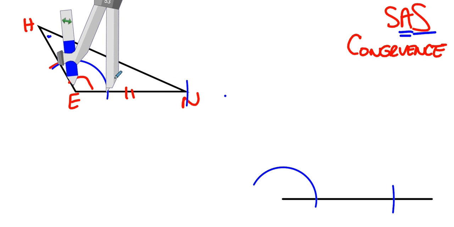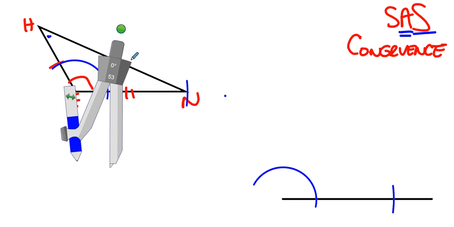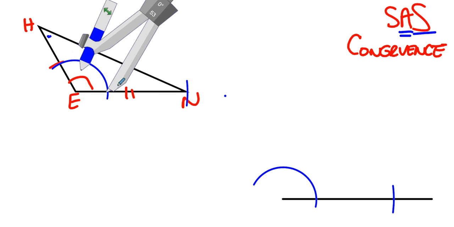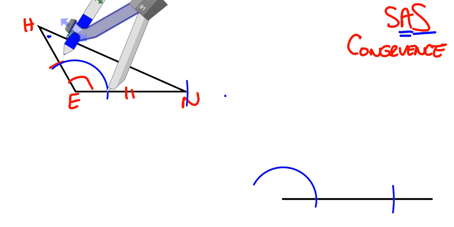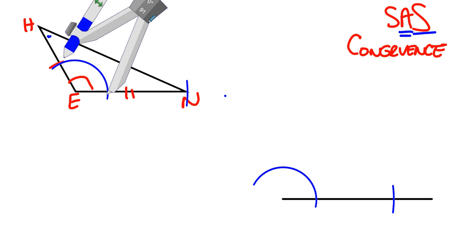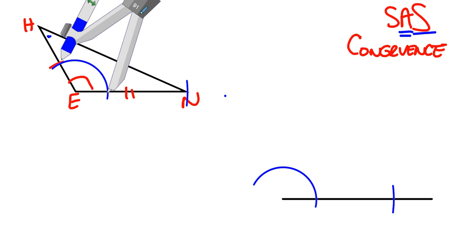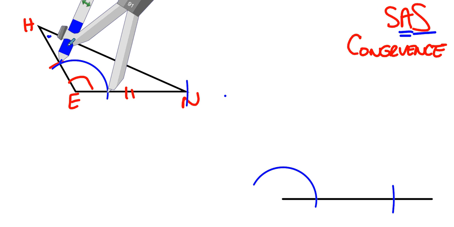Then compass point here, pencil point there, and we make a measurement.